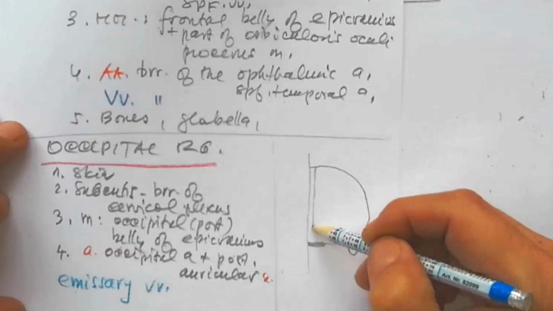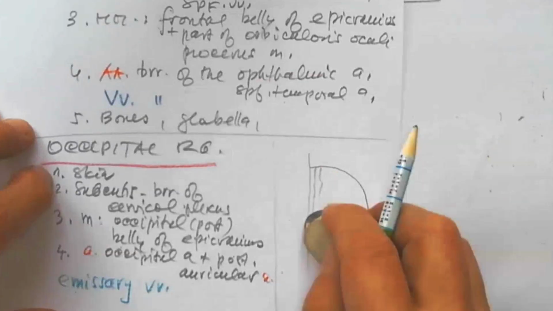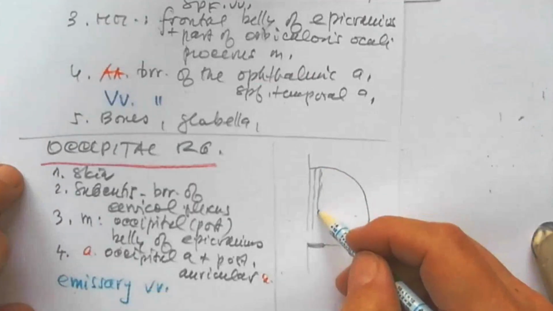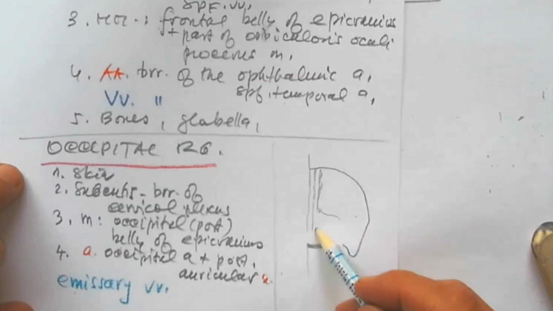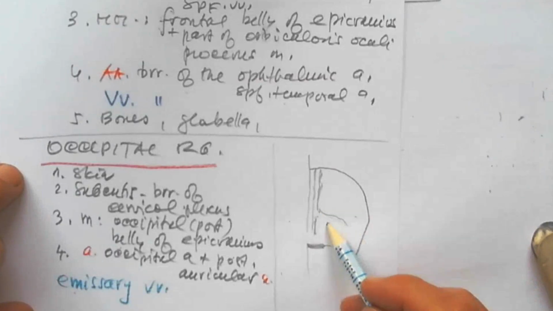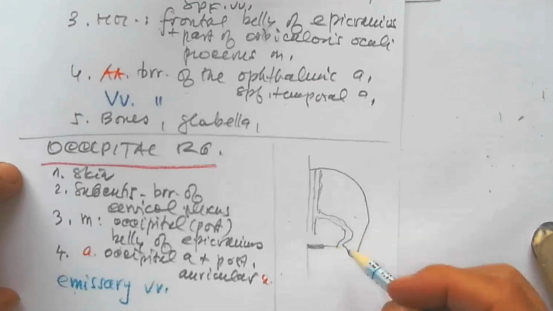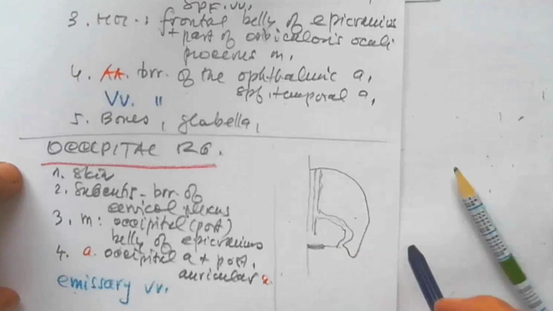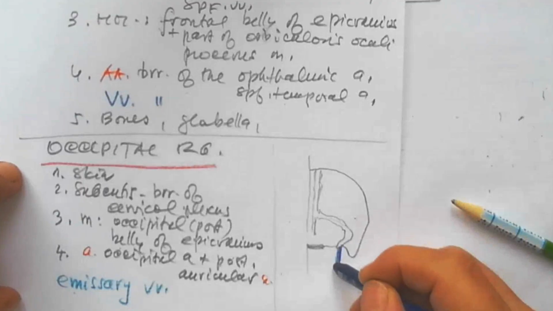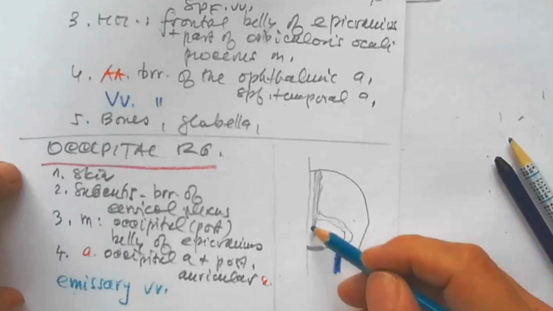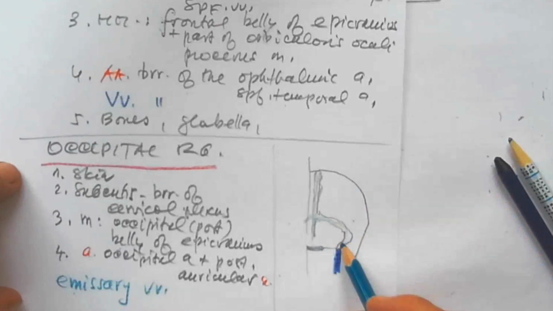At this level, we see the superior sagittal sinus, then confluence of sinuses here, then transverse sinus, and also sigmoid sinus, like that. And in darker blue, is the internal jugular vein. So just a very simple sketch showing the projection of the sinuses. You see this internally.